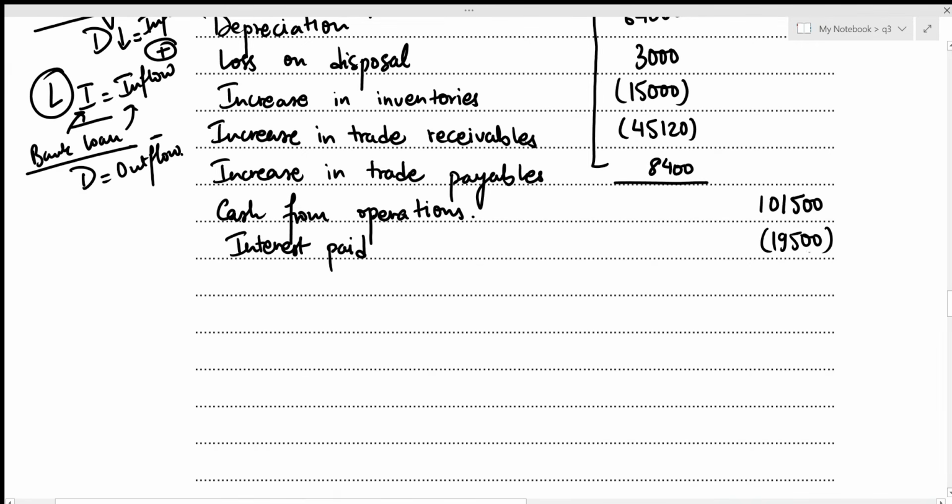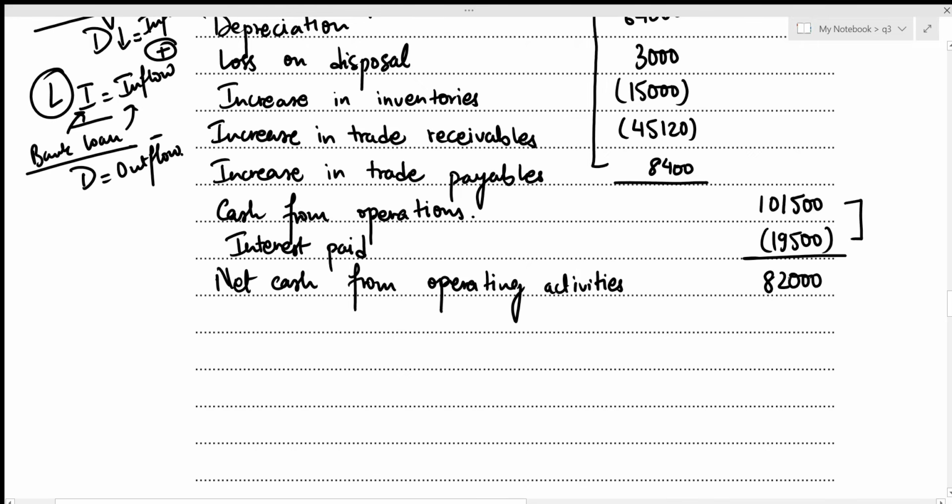And this results in the total net cash from operating activities. That is just going to be the sum of these two amounts, 101,500 minus 19,500, which results in the net cash from operating activities to be 82,000. And this concludes the first section of our cash flow.